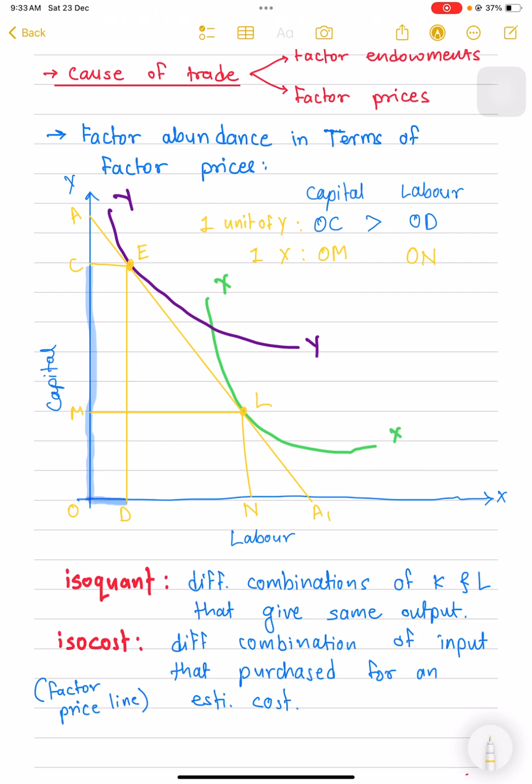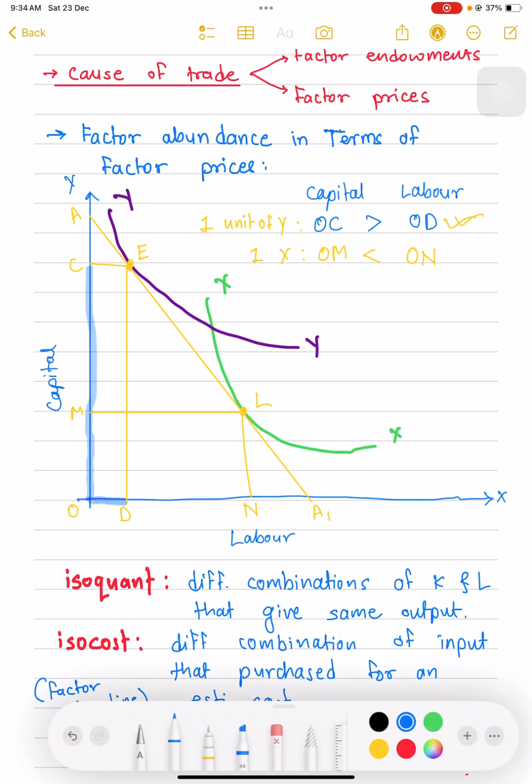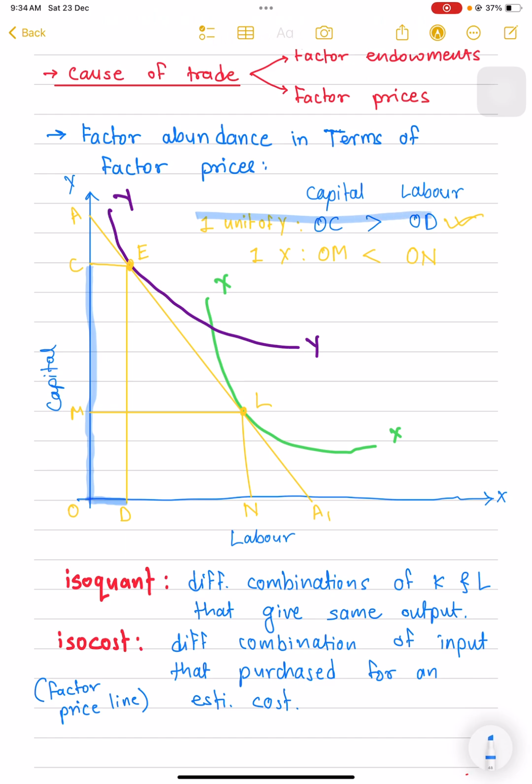So you can see here, labor is more used in order to produce 1 unit of X. Since capital is more and cheap in country A, it will specialize in the production of the capital intensive commodity Y. A will produce Y.